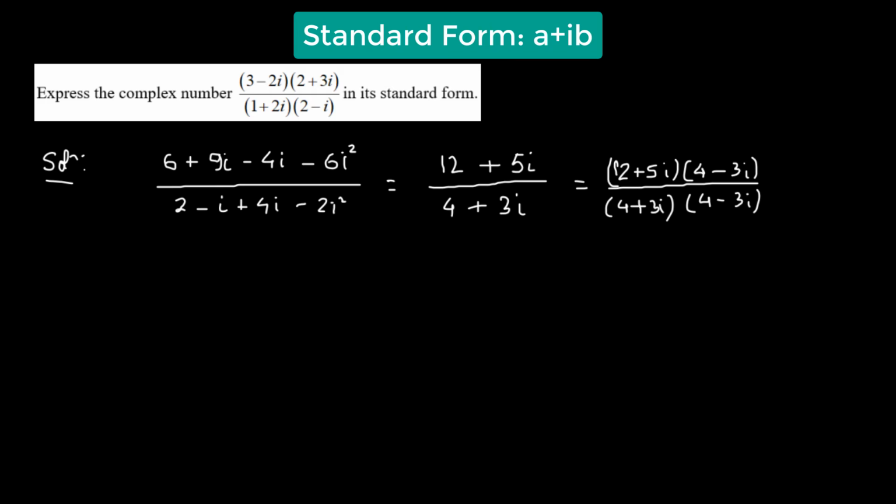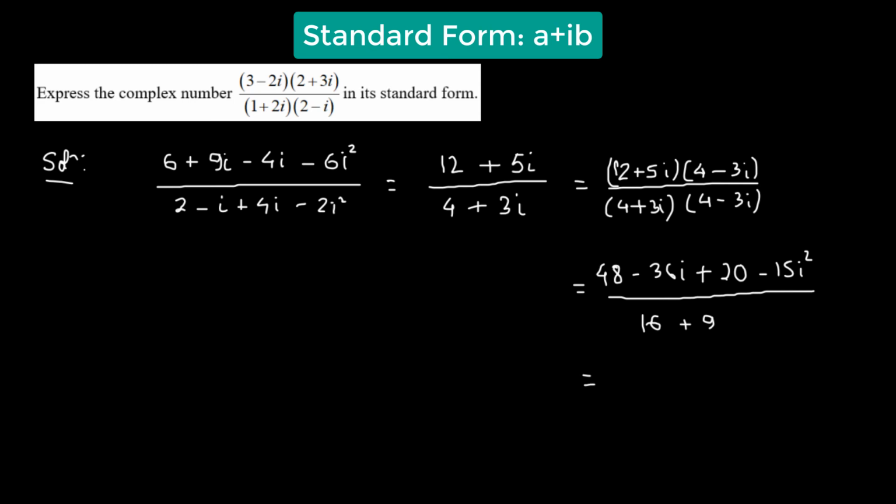Now let us multiply it. So this gives us 12 times 4 is 48, minus 12 times 3 is 36i, plus 5 times 4 is 20, minus 5i times 3i is 15i squared, divided by 4 squared, which is 16, minus 3i squared, which is plus 9.